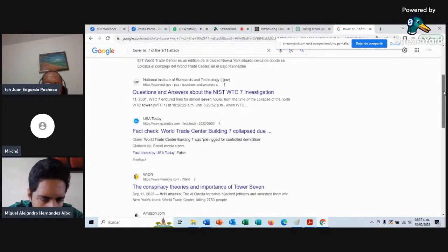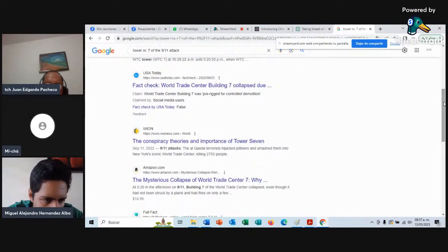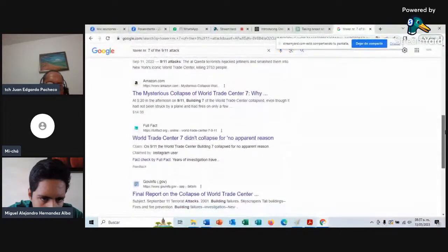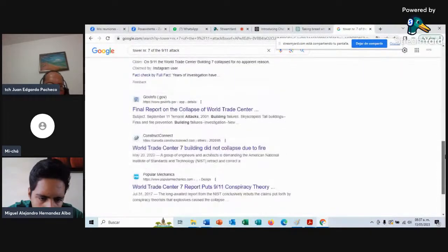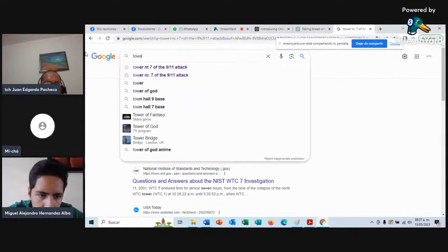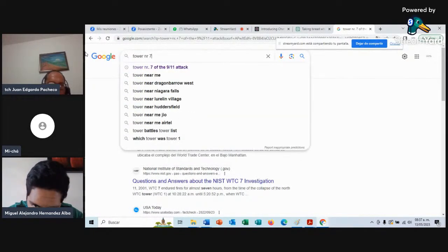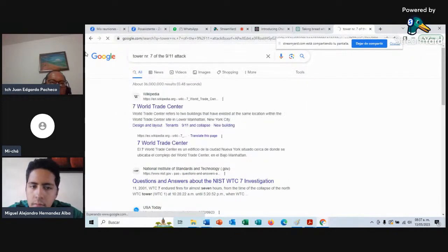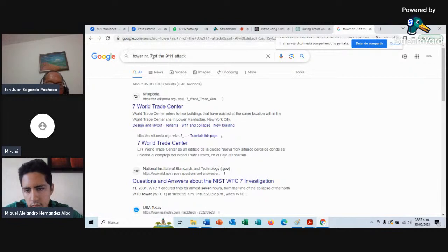Tower number seven. Well, if you look for tower number seven, it does not even show it now. It's amazing. Very weird. Tower number seven of the 9/11 attack. No, it's not here. Incredible. It doesn't show it now. Let me use another browser.